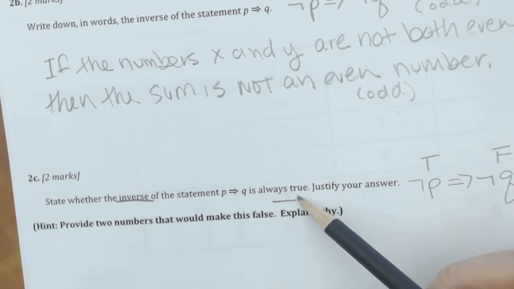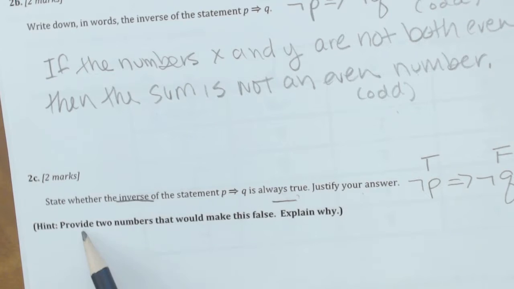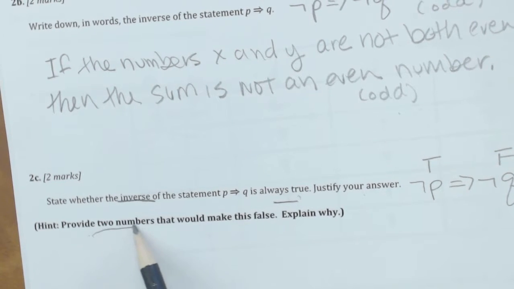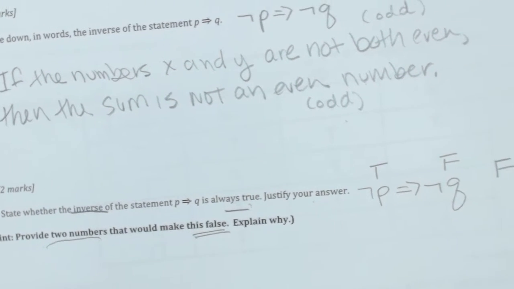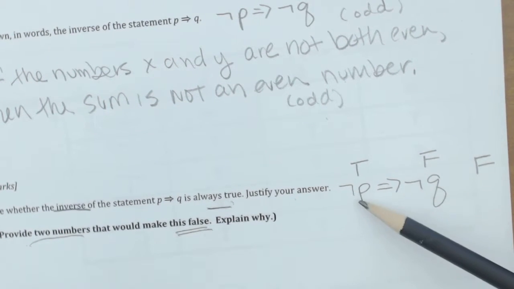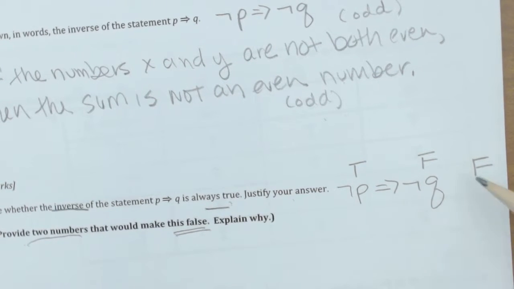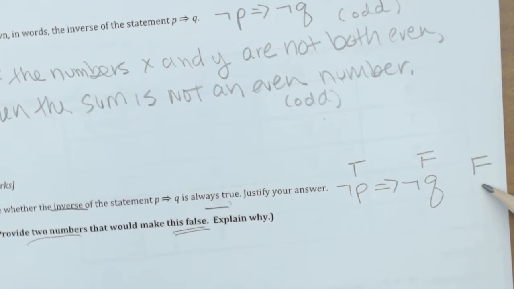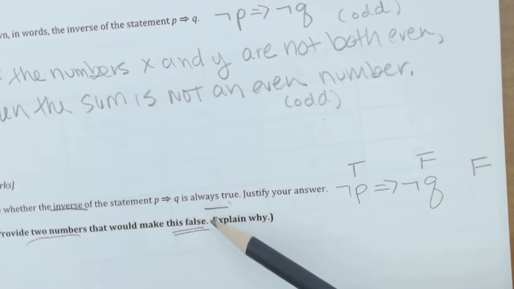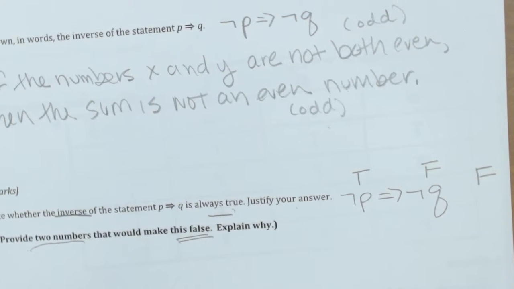That's when we disprove this. So I gave you a hint, provide two numbers that would make this false. So we want to provide a counterexample, one that makes it false. And so remember, if this first one's true, this one's false, that means that we have made it false, that it's not always true. So let's see what we can do.